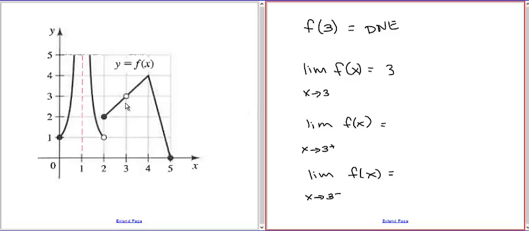And if I look at the right side limit with the plus sign, I'm coming down here to y equals 3, so that's 3. And I'm going from the left-hand side to the point, and it's 3. And because the left limit and the right limit are the same, then the limit exists. But because we have a hole, the function does not exist there.